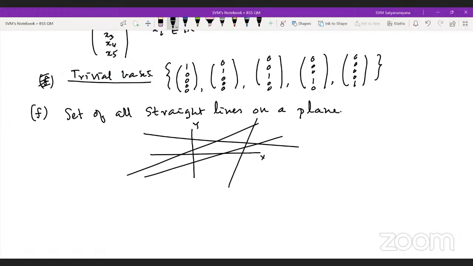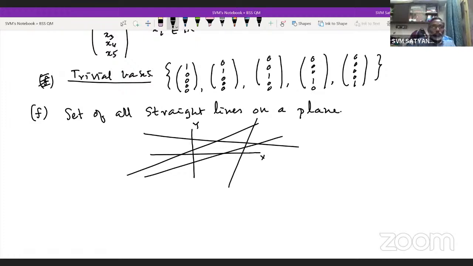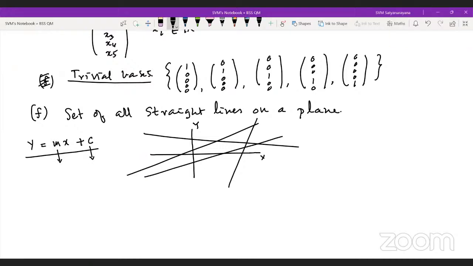Slope and intercept, because you can say that y is equal to mx plus c, correct? Now, if you define your m and c, you define a straight line, right? Yes, sir.